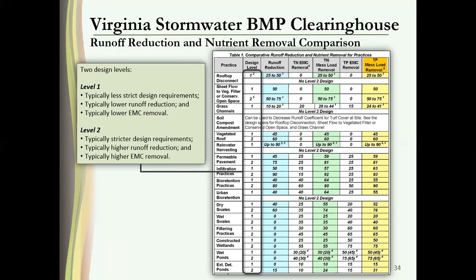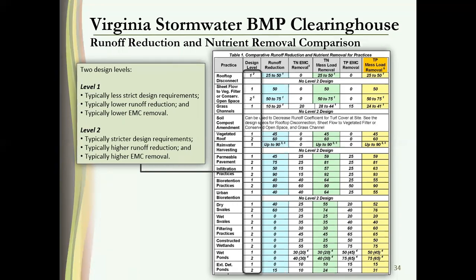Just taking a look at this table, what I'm really going to point out to you is this last column in yellow. This is our total phosphorus load removal that is potentially available from your BMP. Taking a look at this column, hopefully your eyes are going to the big numbers. These are like the big bang for your buck, right?